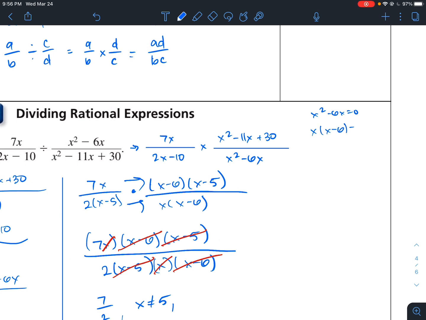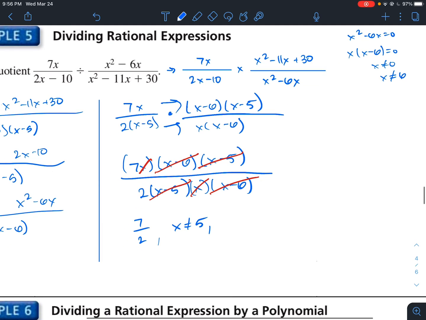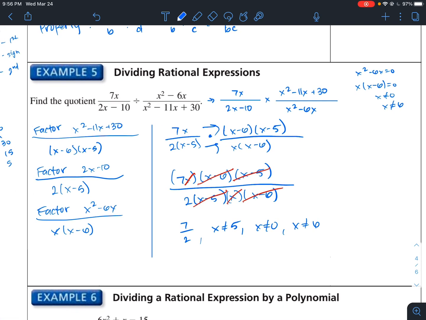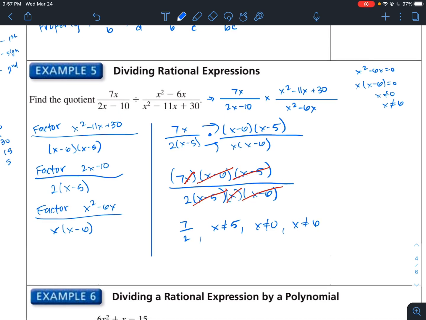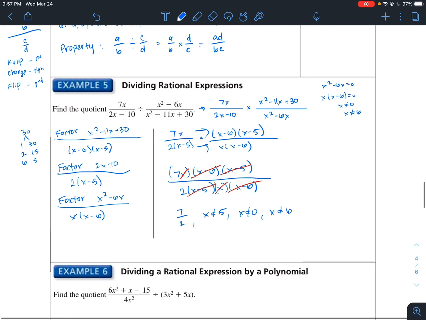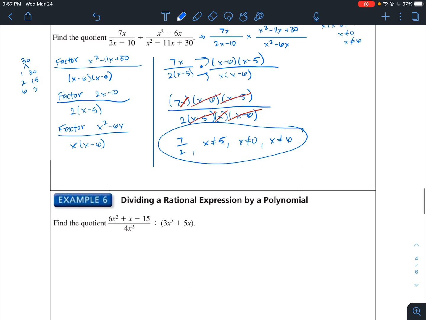So if this is equal to 0, x cannot equal 0 and x cannot equal 6. Okay? And then I think that covers everything, because this one would also be x cannot equal 6 and 5. So that already covers everything. Okay, so that would be our answer in simplest form.